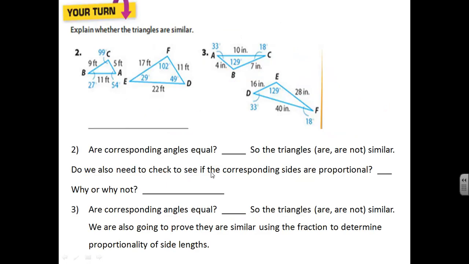Okay, let's go on. Explain whether the triangles are similar. So now it's your turn to try. So I'm going to read these questions, and I want you to answer them before I put the answers down. Can I trust you to do that? Okay, number 2. We're going to do number 2 first. Are the corresponding angles equal?